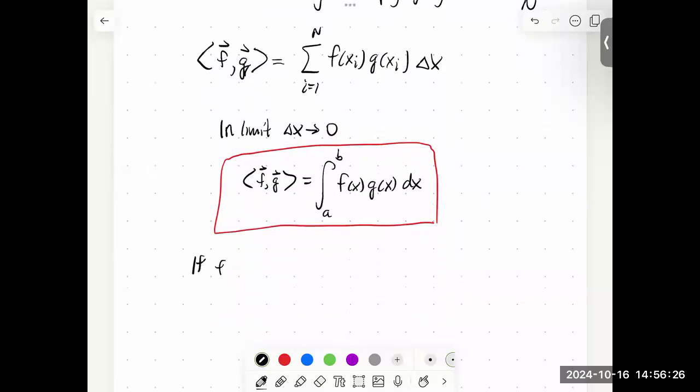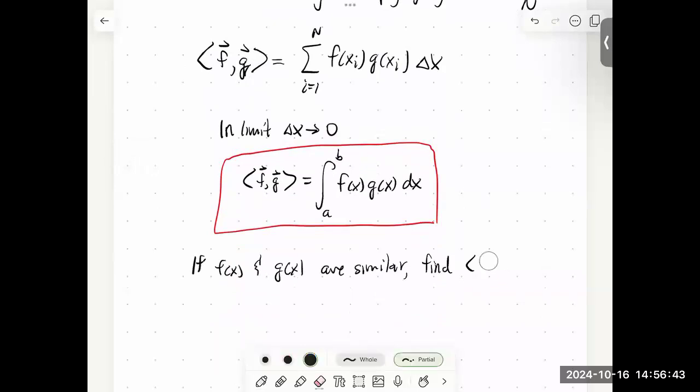So if f of x and g of x are similar, we should find that this inner product of f and g is large.